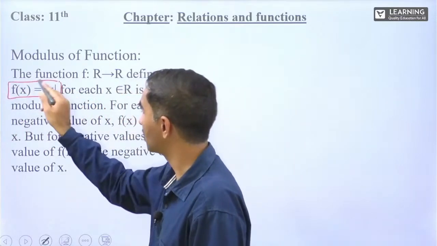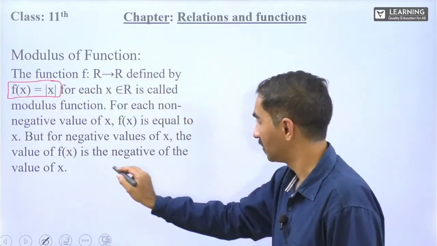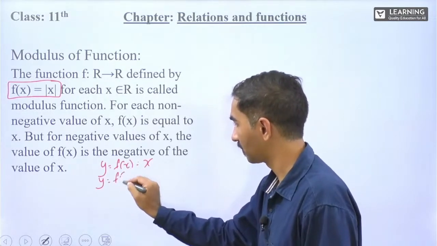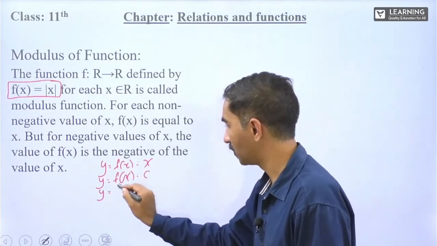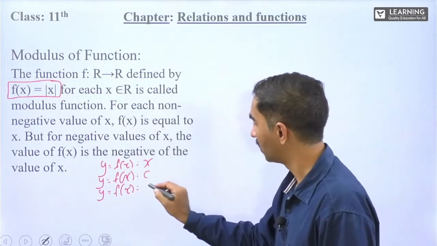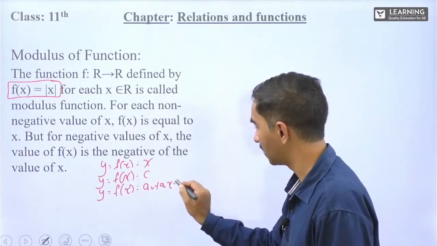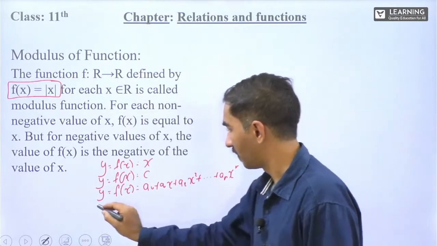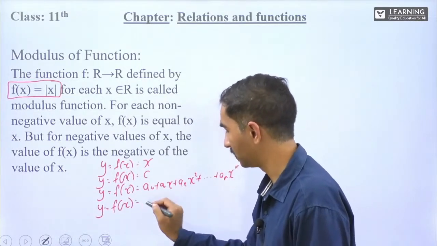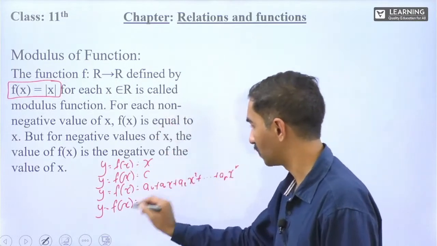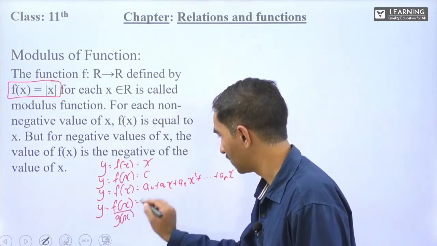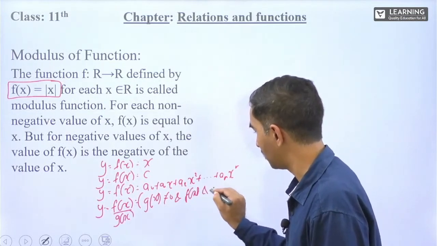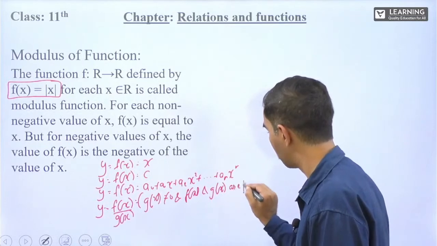This is important. So just once again, one quick revision including modulus of function. y = f(x) = x. y = f(x) = c. y = f(x) = a0 + a1x + a2x², this will continue until anx^n. y = f(x), what we saw before this, the rational function: y = f(x)/g(x), where g(x) is not equal to 0 and f(x) and g(x) are polynomial functions.